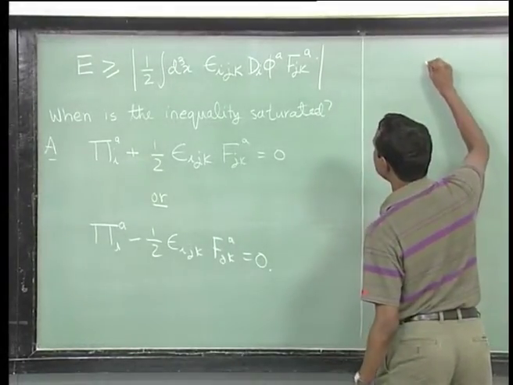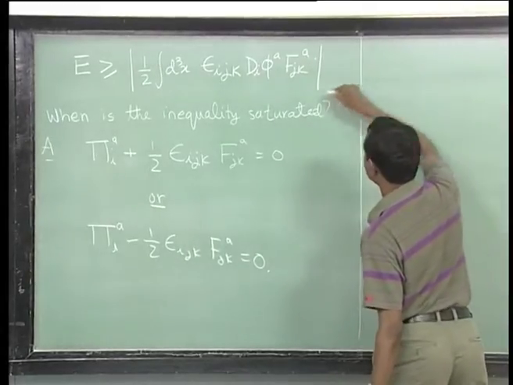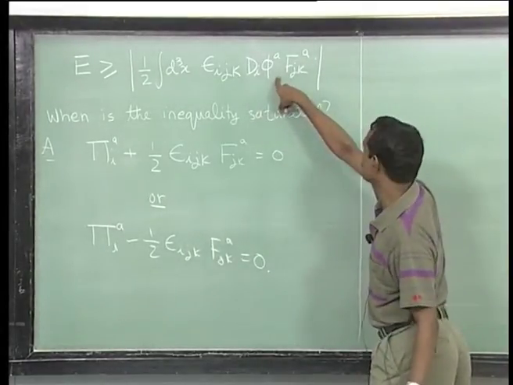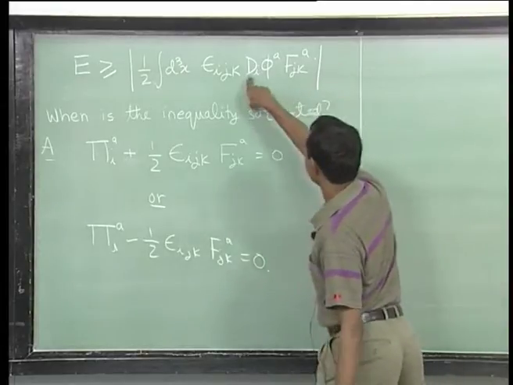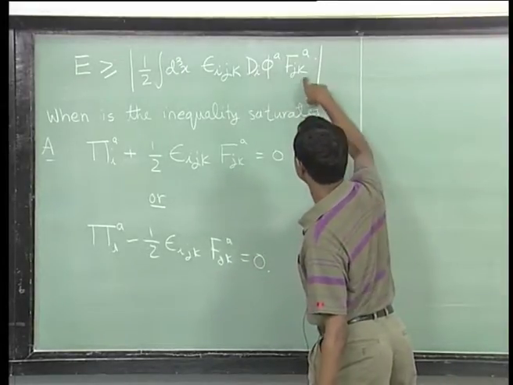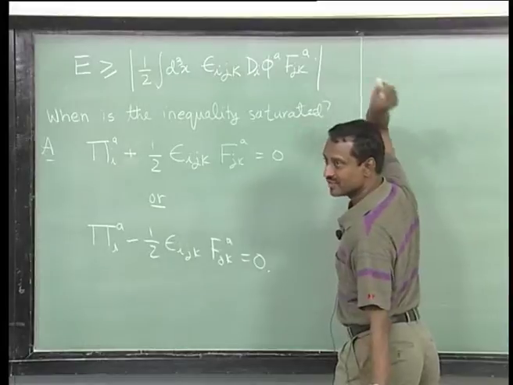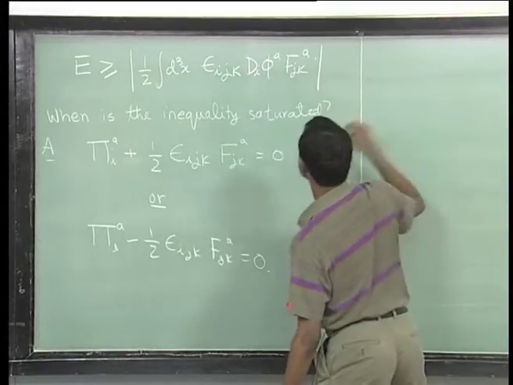So what would this be? This I can rewrite as a covariant derivative of this thing. Also the Bianchi identity tells you that d_i of f_jk epsilon whatever should be 0. So I can rewrite this.